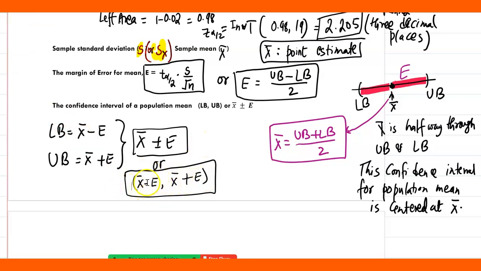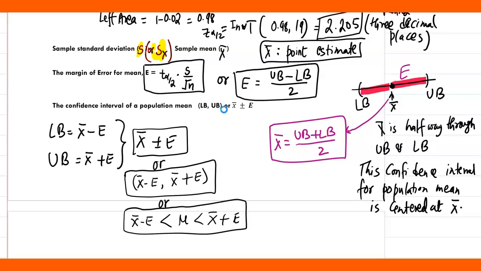Basically, x bar minus e is the lower bound, comma, x bar plus e is the upper bound, right? Another format is x bar minus e less than mu less than x bar plus e, as an inequality.